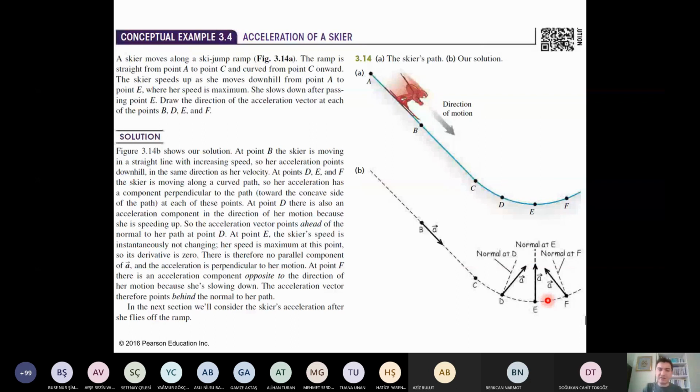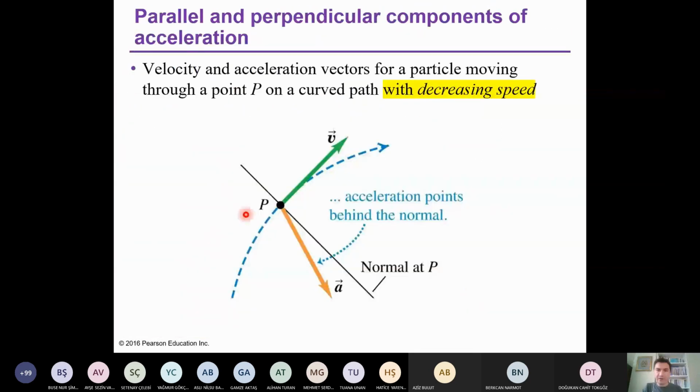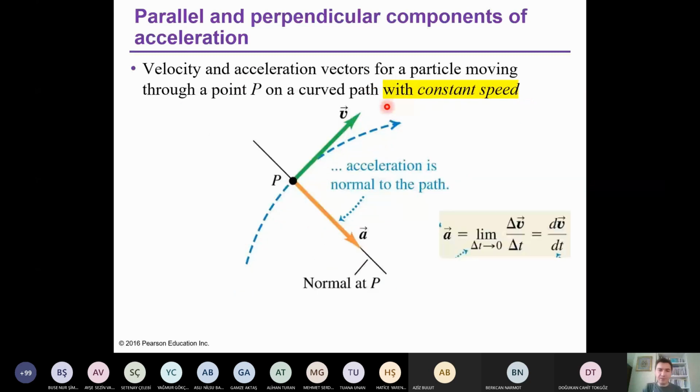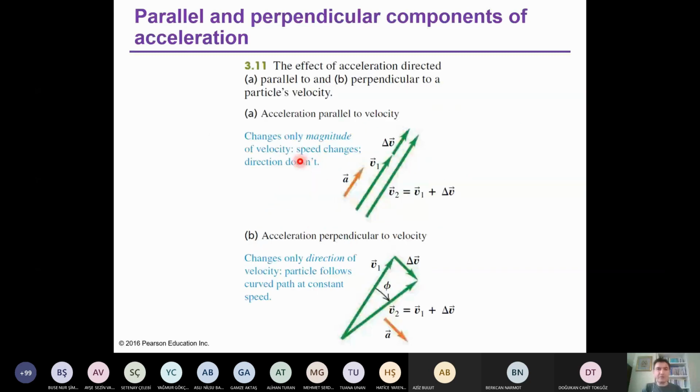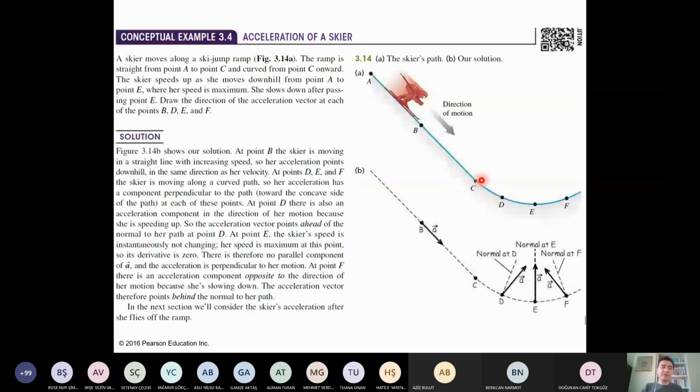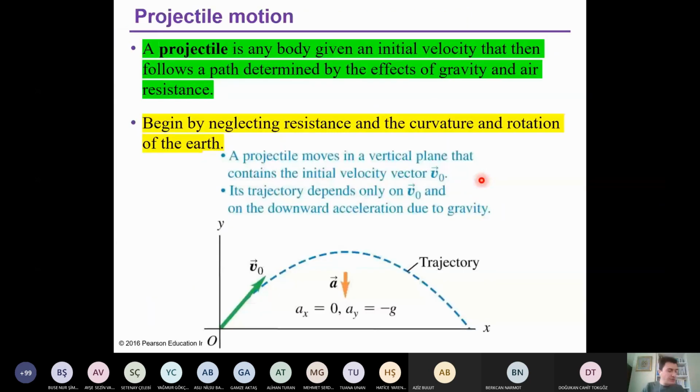As we have discussed, three transparencies here: decreasing speed, increasing speed, and constant speed conditions. Here, this is the conceptual example. Do you have any question here? Okay, now let me continue with projectile motion. So what is projectile motion?